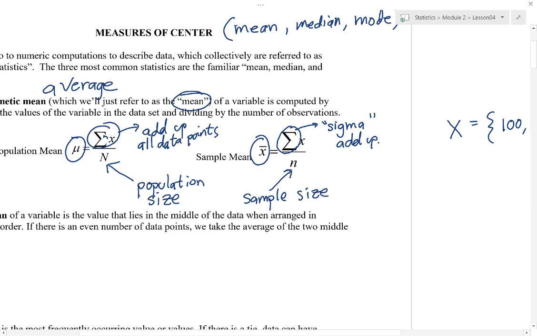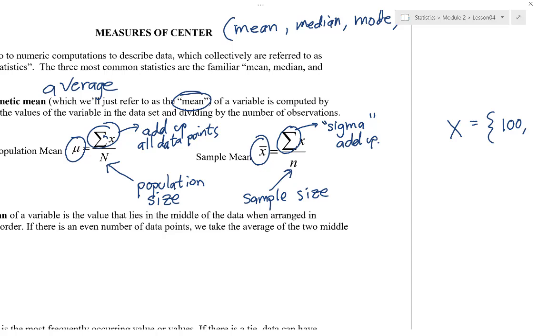You add them up and divide by the number of numbers, whether that's the population or the sample. The distinction between these two symbols, between the population mean and the sample mean, will become important later on in the course. For now, they're mostly interchangeable, but I'm going to approach everything like it's a sample, because that's really what we're going to do. We're not going to do calculations based on the population.